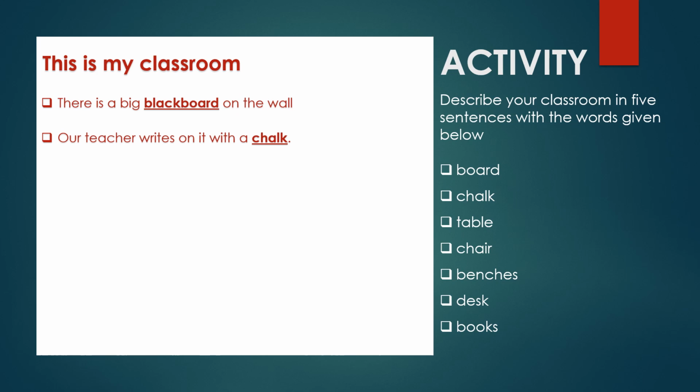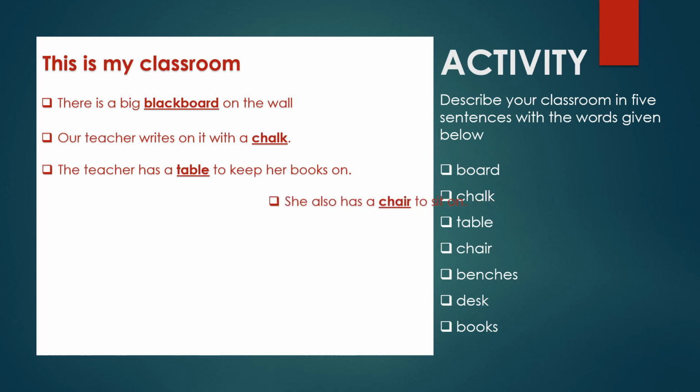The next word given is table. The teacher has a table to keep her books on. Next word is chair. She also has a chair to sit on. So in my classroom, there is a table and chair where the teacher keeps her books, and she has a chair to sit on.